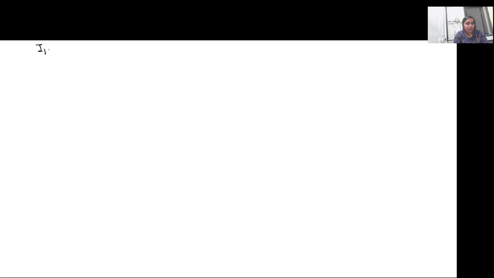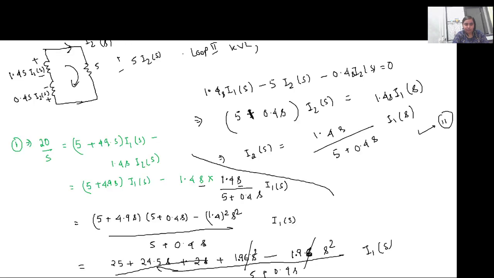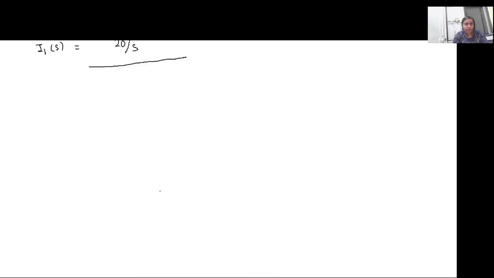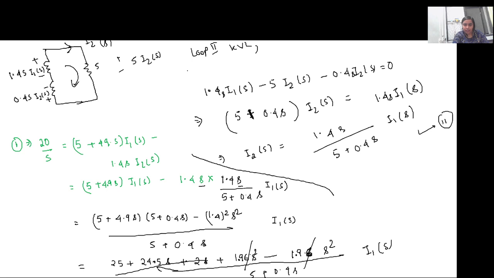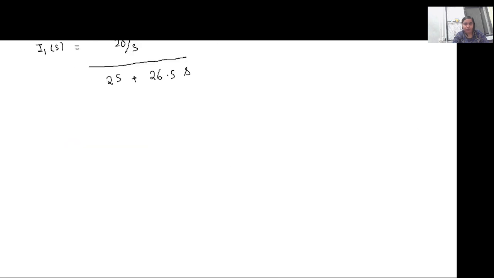So I1 of s will be equal to, on the right hand side we had 20 by s, and we take whatever was on that side to the other side. So it is 25 plus 24.5 plus 2 s, which is 25 plus 26.5 s, and it is 5 plus 0.4 s.